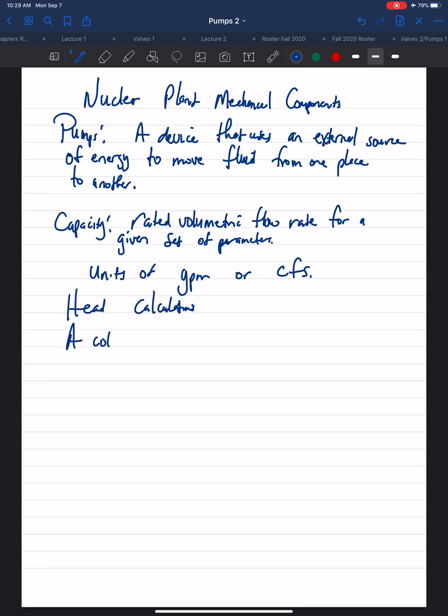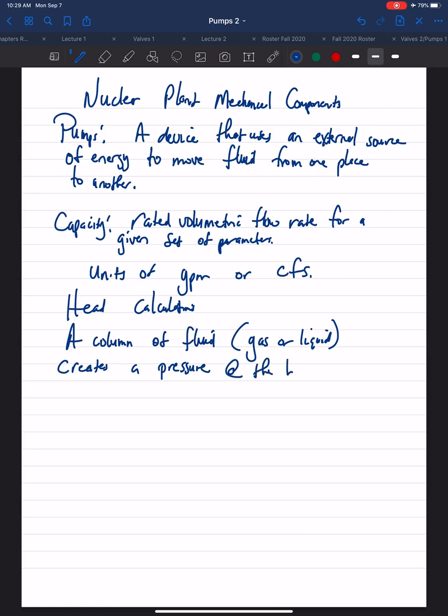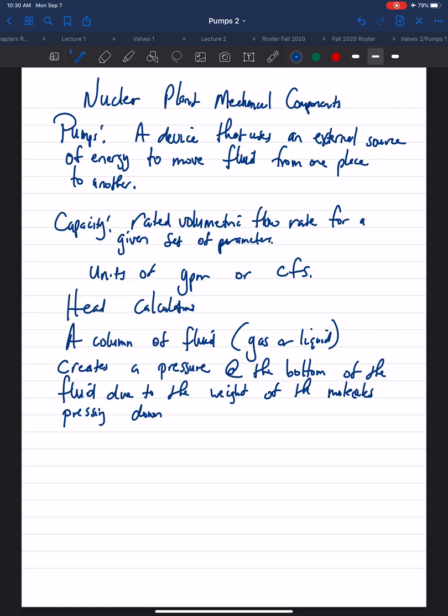A column of fluid, gas or liquid, creates a pressure at the bottom of the fluid due to the weight of the molecules pressing down on one another.